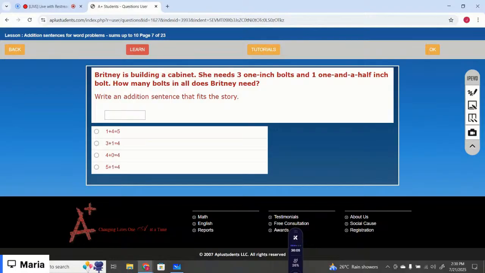Brittany is building a cabinet. She needs three 1 inch bolts and one 1.5 inch bolt. How many bolts in all does Brittany need?